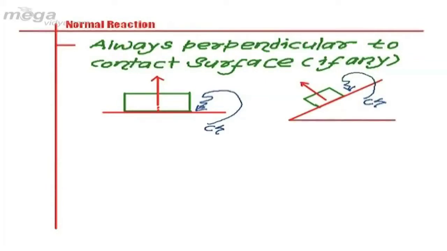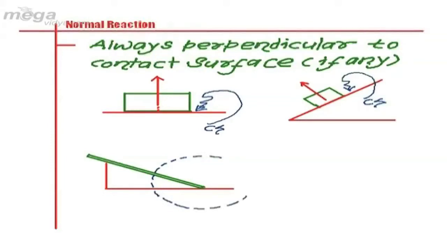Say for example, this is a horizontal surface. A rod balances in this way. If I talk about this end, I am only observing the normal reaction on this end of the rod.